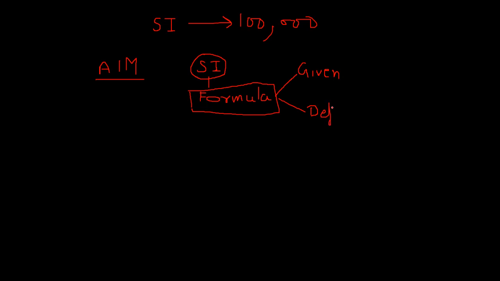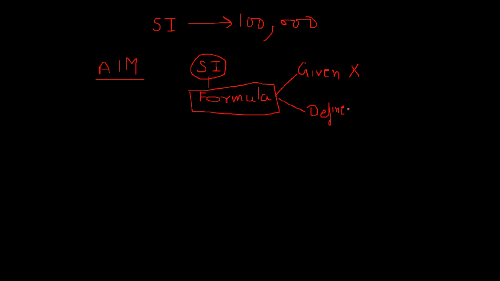When we go through the question, it says: write a program to find simple interest on amount 1 lakh. In this statement, the formula for the simple interest is given nowhere, so we put a cross on it.